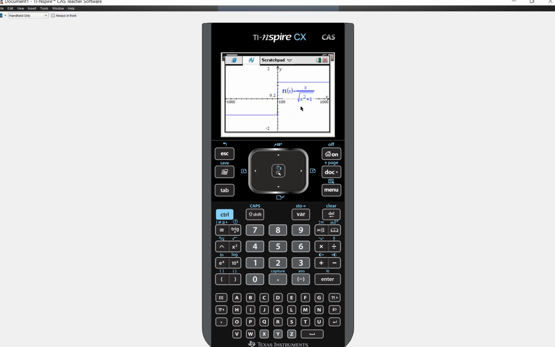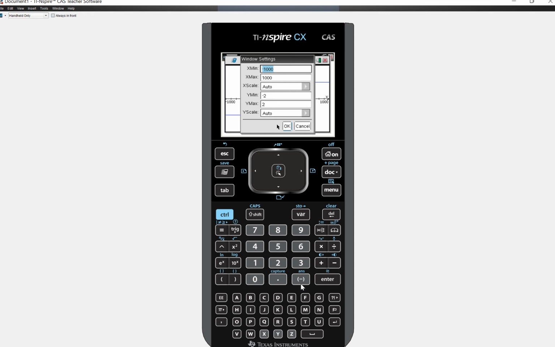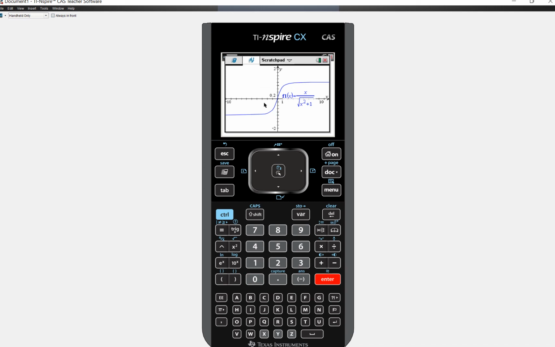Okay, so if you look, it's not very clear exactly what's happening, so let me adjust that real quick. Hang on one second. Maybe I should have shown you guys the -10 to 10 first. So if we go from -10 to 10, this graph has somewhat of an S-shaped curve, where it's going up to the right and coming down to the left.